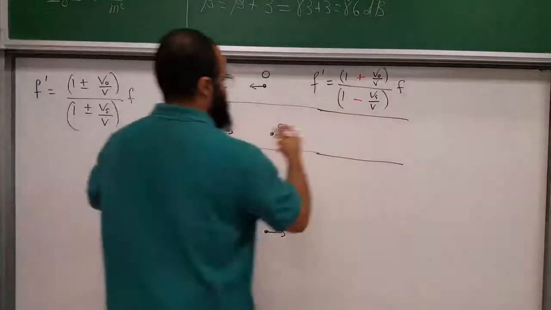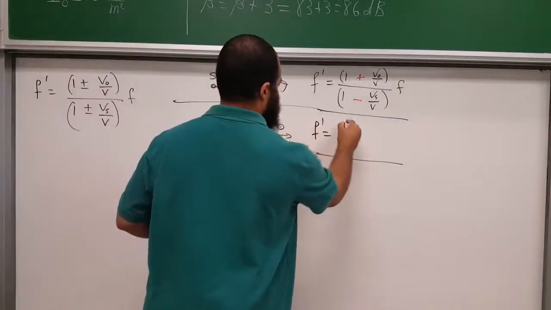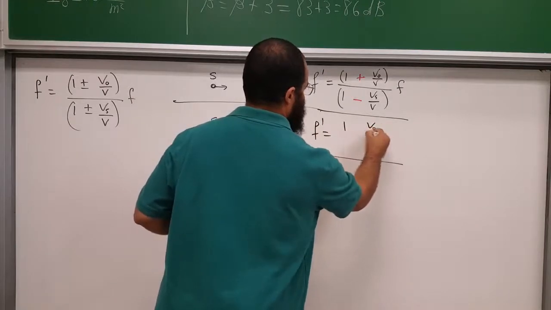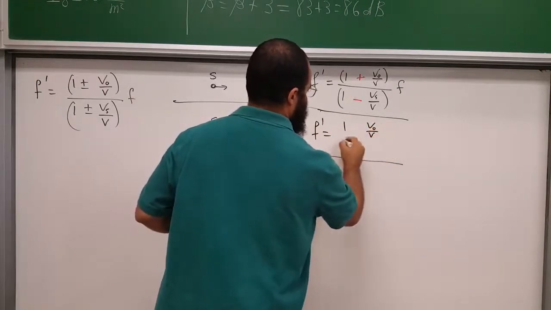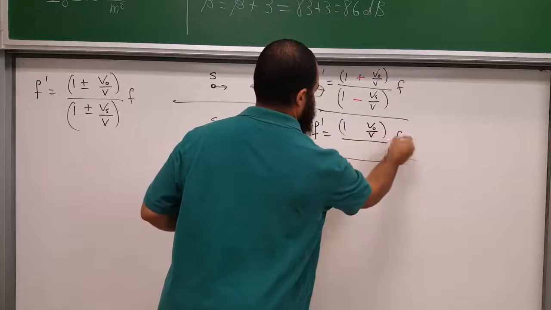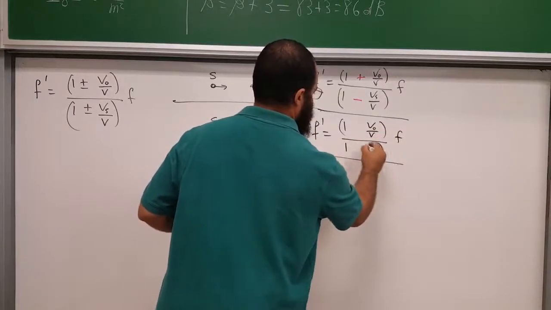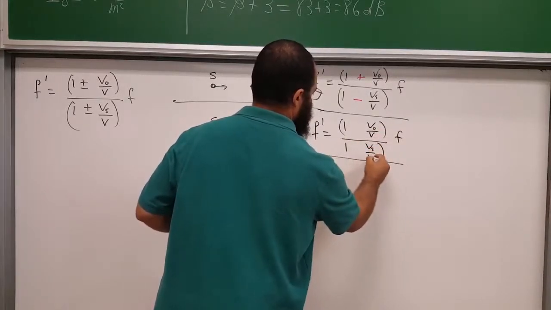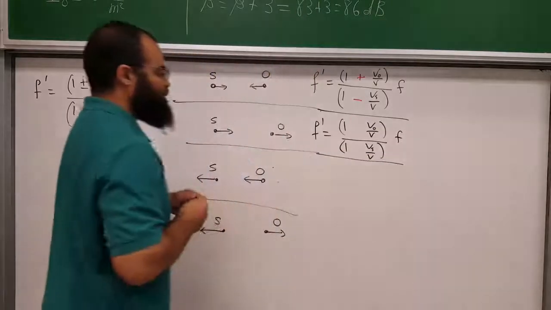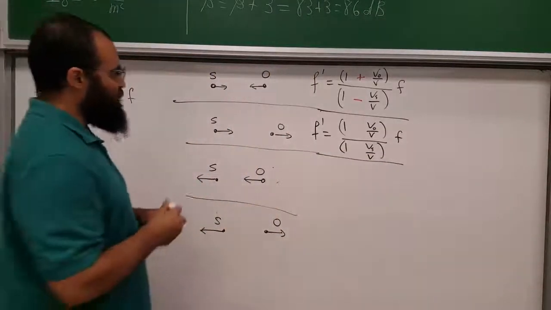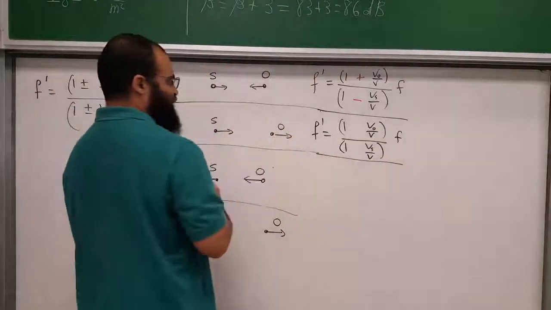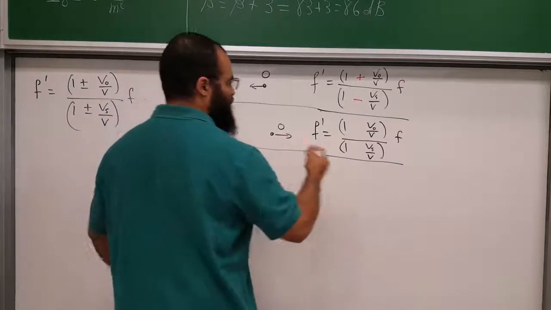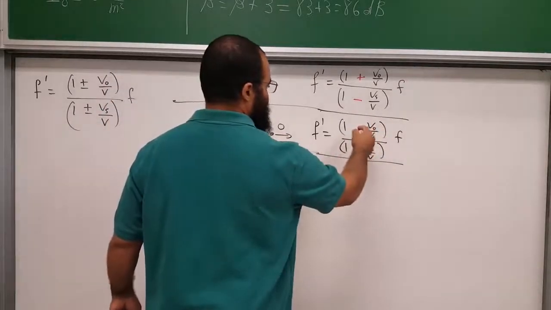For this one, you get F prime equals 1, leave a blank, V over 1, leave a blank, V source over V, like so. Now, the observer moves away. The observer is trying to make the frequency smaller. The observer is in the numerator. How do you make it smaller?